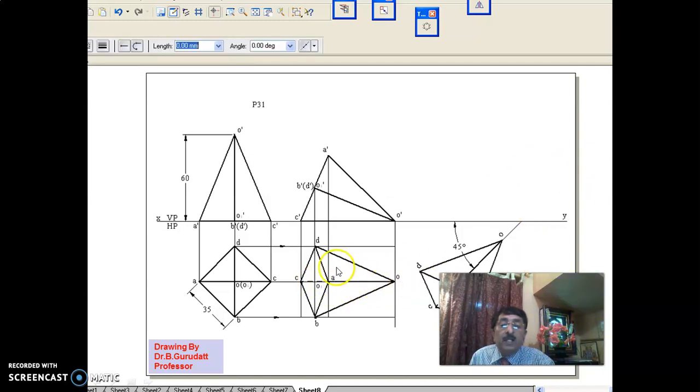Now the problem says the slant edge which is on HP is inclined at 45 degrees to VP. Now as you know here, the slant edge which is on HP is in true length in the top view. This OC, what you have, is in true length, actual length.